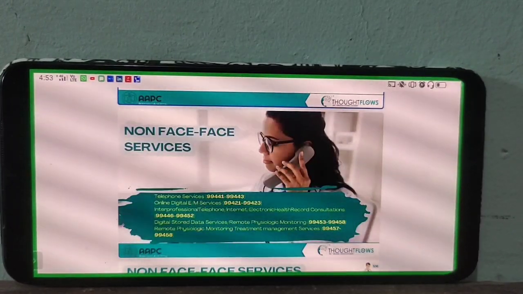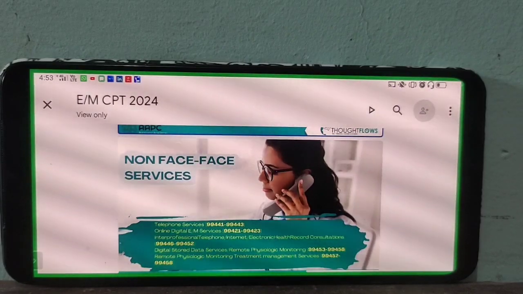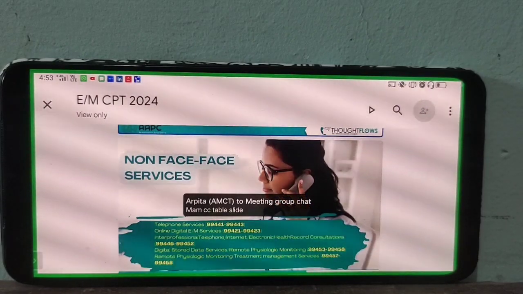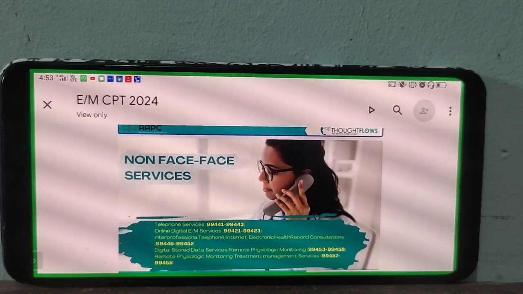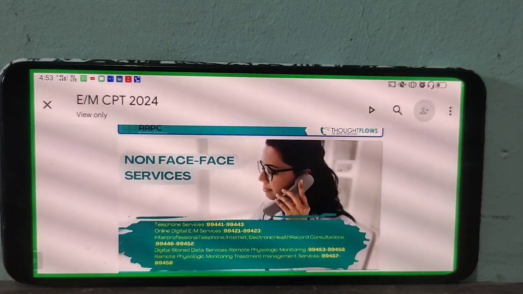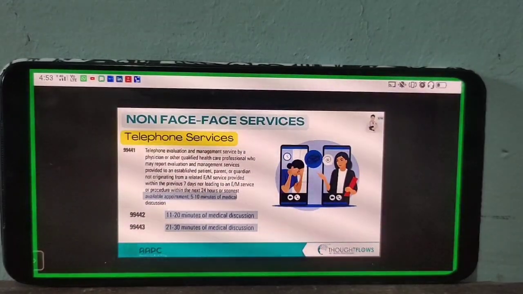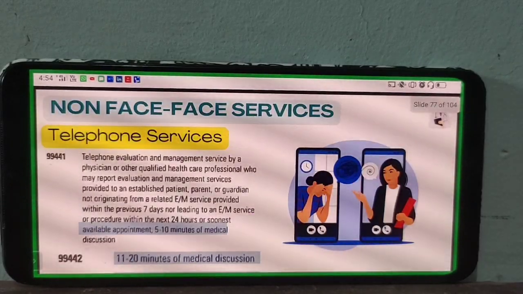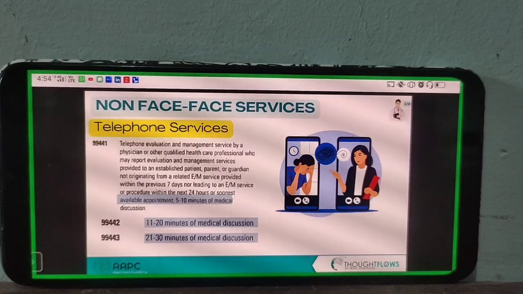Non-face-to-face service means the patient and the doctor do not meet directly. They communicate by phone call or video call, like telemedicine. Here are the code sections; now we are going to discuss one by one. Non-face-to-face service through phone call: telephonic service without image.